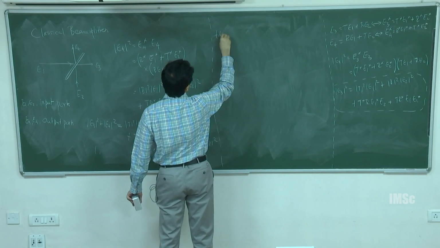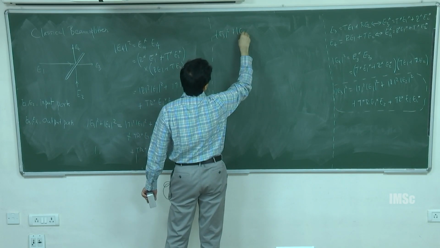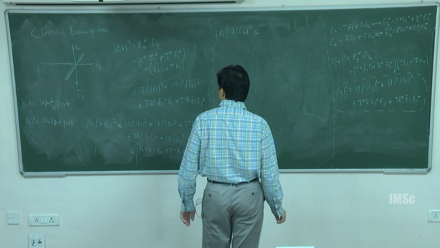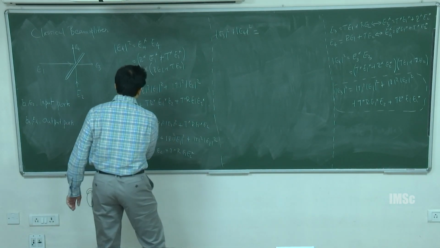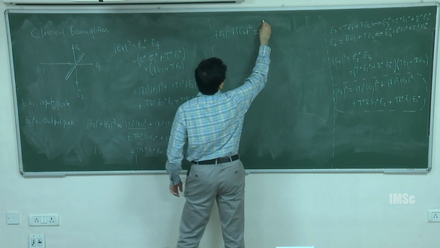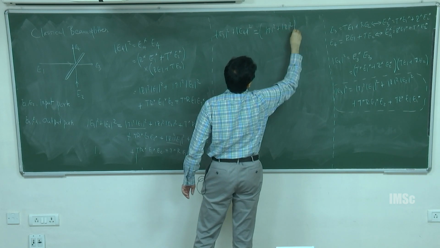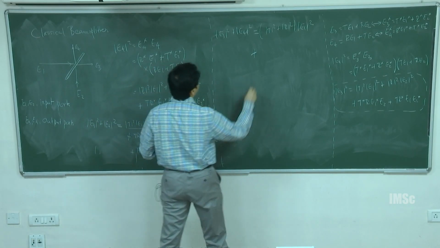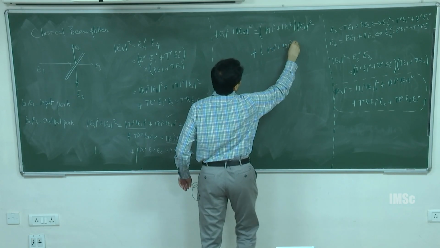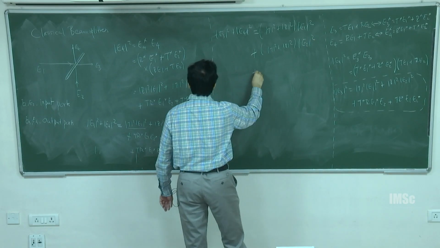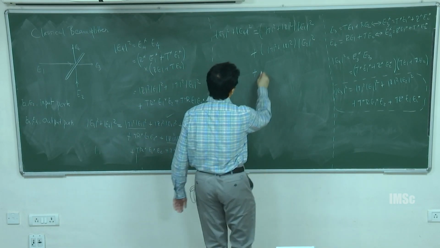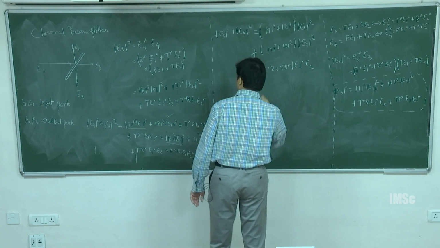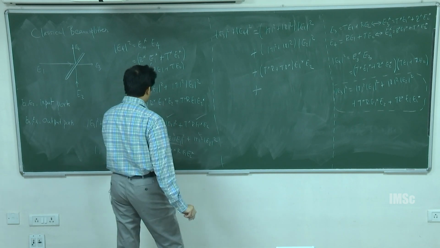So let us collect the terms: mod T square mod E1 square, likewise mod E2 square, plus the E1 star E2 terms, plus these two.